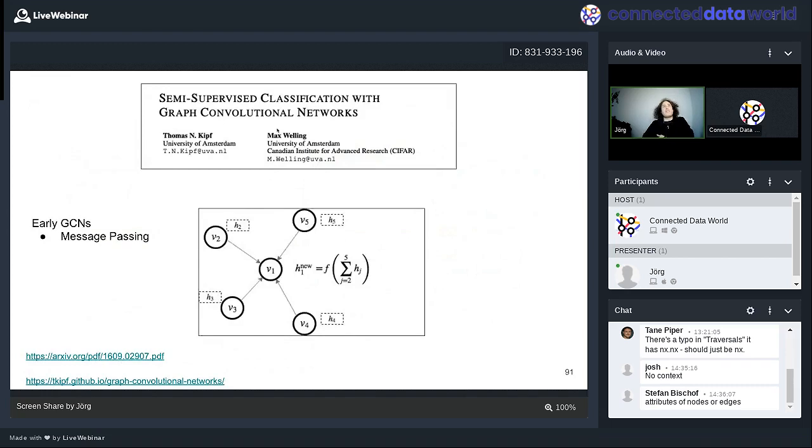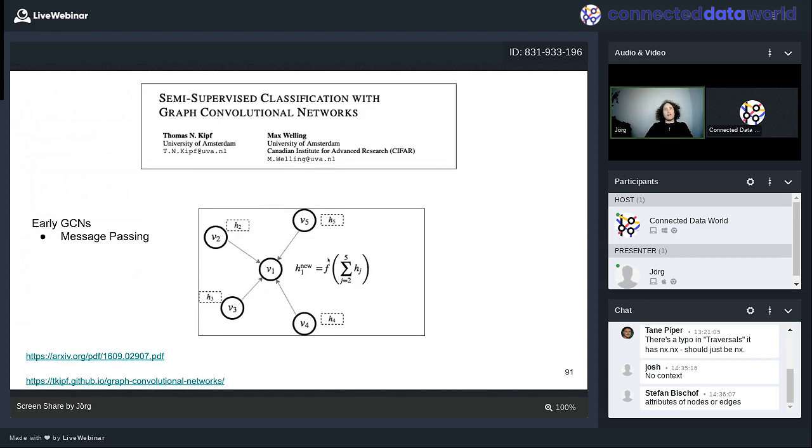One of the first ones proposed, not the exact first one, is the graph convolutional network based on message passing. Interestingly, if you recall what we talked about with Pregel and those updates, where we are basically sending updates to all our neighbors, this is a pretty similar idea to the early graph convolutional networks.